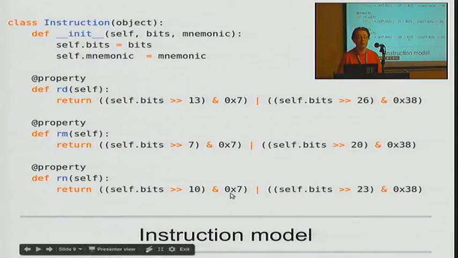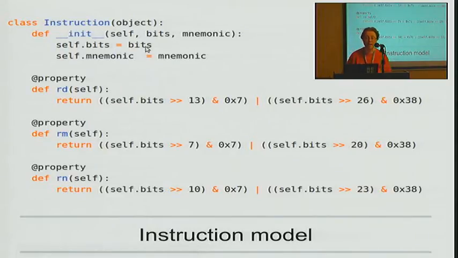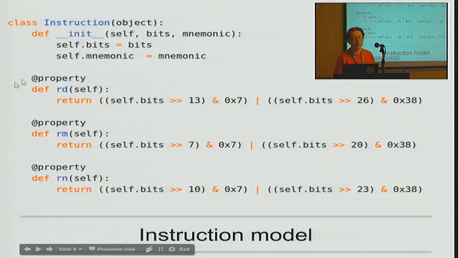So this is what your instruction model should do. It stores the bits that make up the instruction. It stores the name of the instruction, which I've called a mnemonic, and then it has whatever methods you think you're going to need later on.